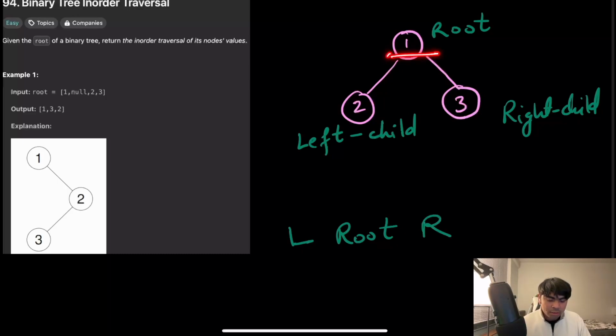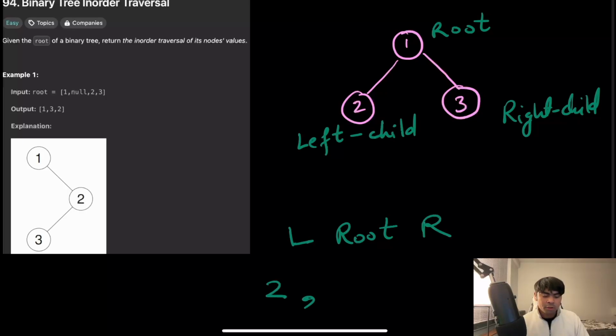I call the same function, the in order traversal, on my left child, which is 2. Now this will call on its left. It's not present. Now it will process itself because that's how it's done in in order traversal. We're going to process the root, so we will print 2.